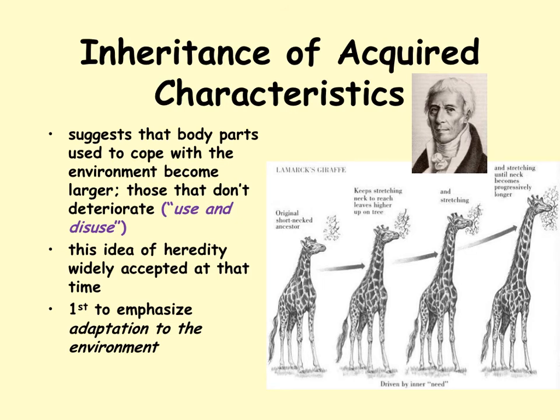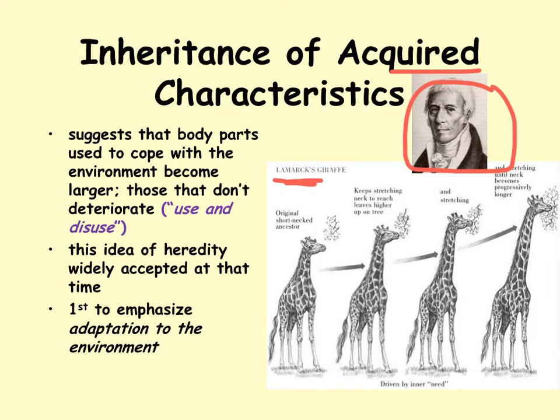Speaking of acquired characteristics, this guy right here, whose name was Jean-Baptiste de Lamarck, suggested a long time ago that body parts, and he specifically was thinking about animals, but body parts that were actually used were going to become larger and more apparent, and those that aren't used as much would be deteriorated.